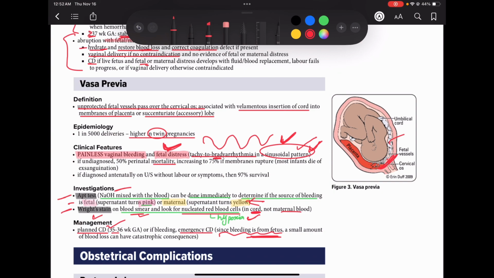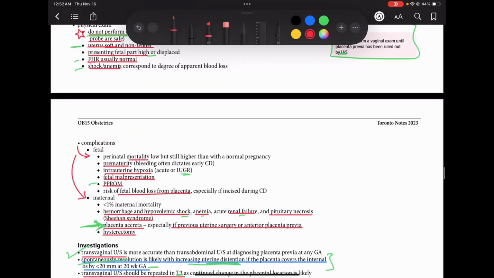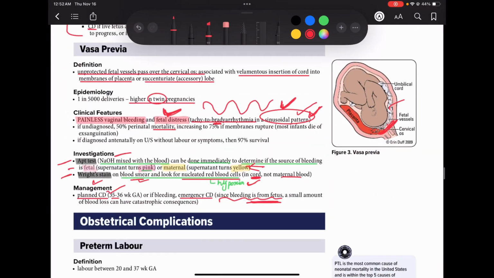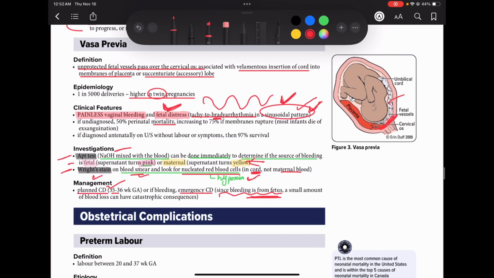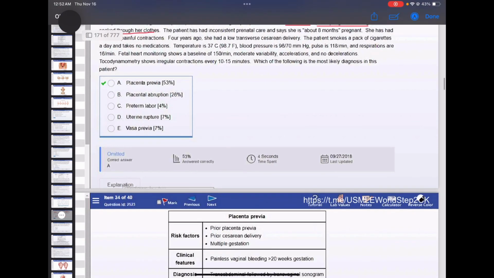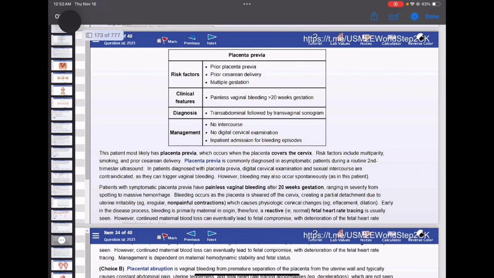So yes, this is painless, vasa previa and placenta previa. Both of the previas are painless. But these indications indicated that there is no fetal compromise, right? So I would pick placenta previa, right? Placenta previa is commonly diagnosed, covers the cervix, painless vaginal bleeding.